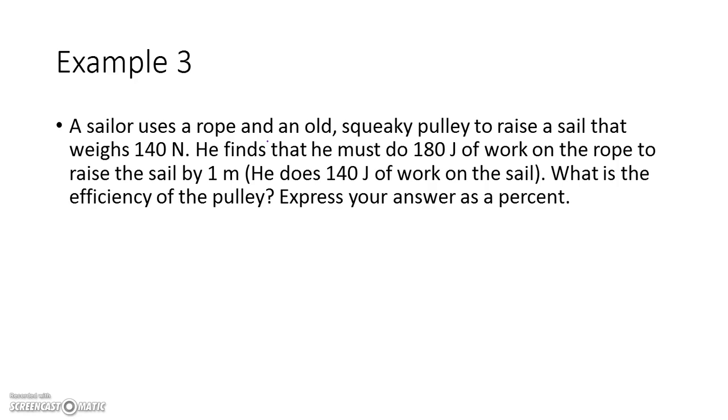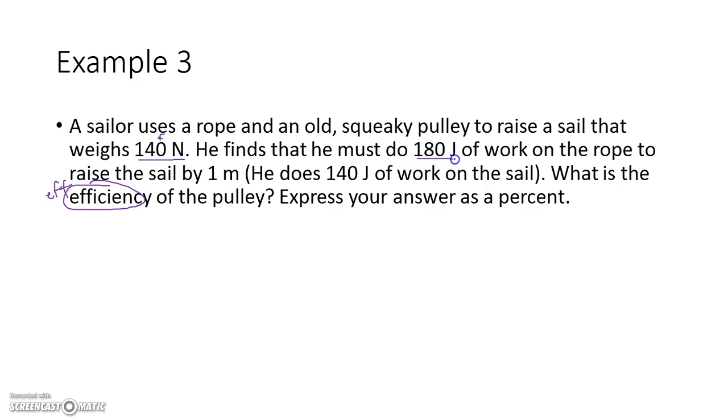All right, well, let's analyze this. We know that we need to find the efficiency of the pulley, so we're looking for the efficiency. We know this sail has a force that's equal to 140 newtons because weight is force.